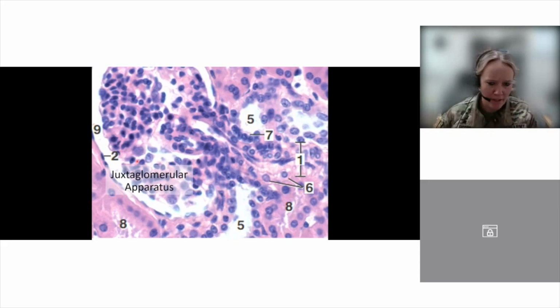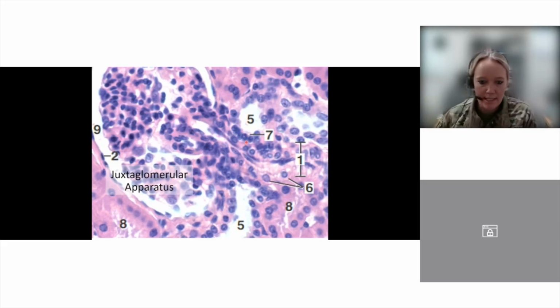Also part of this juxtaglomerular apparatus is going to be the efferent arteriole, the arteriole that's leaving the kidney. But we're primarily worried about the afferent arteriole, what's bringing blood into the glomerular tuft. This macula densa over here within the distal convoluted tubule senses sodium and chloride concentration.